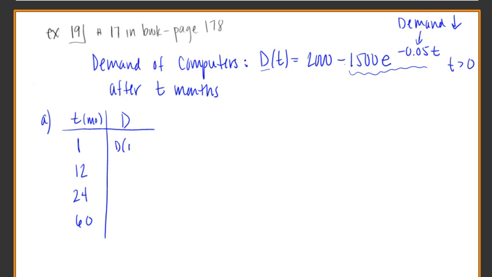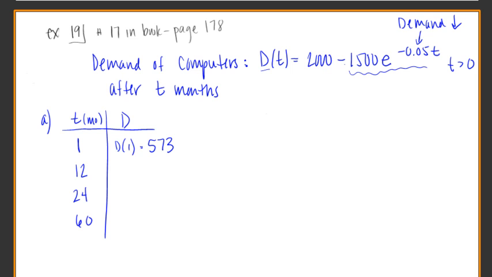Okay, so when I find D of 1, I just go into my equation: 2,000 minus 1,500 e to the negative 0.05 times 1, and let's get a value coming out. When I plug in D of 1, 2,000 minus 1,500 times e, and up there in that exponent, just keep it all in one parentheses, negative 0.05 times 1, I get roughly about 573.